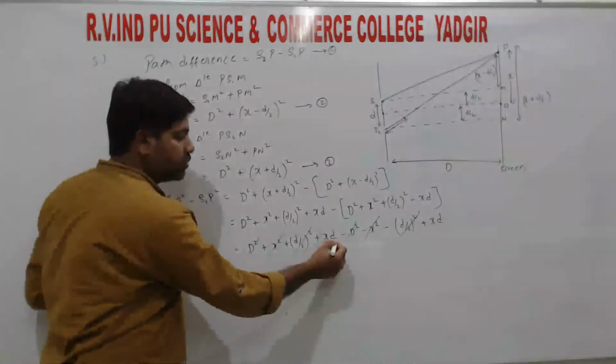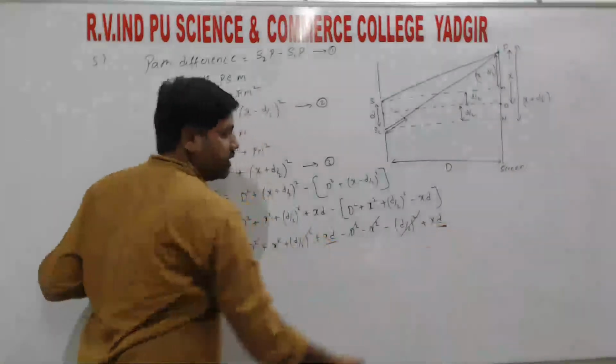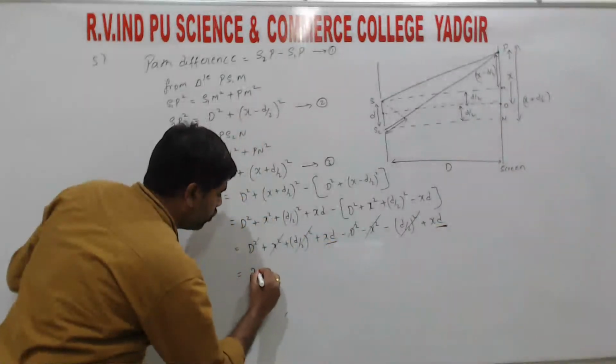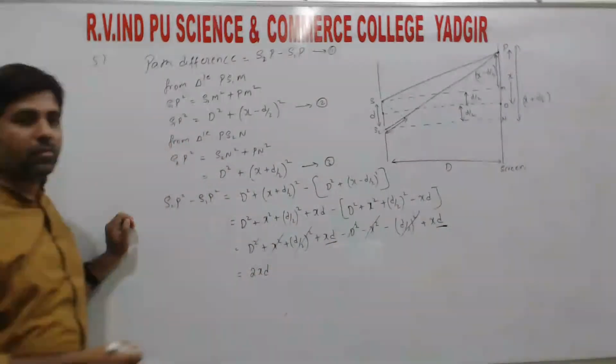The only remaining terms are xd and xd, so we can write 2xd, right?